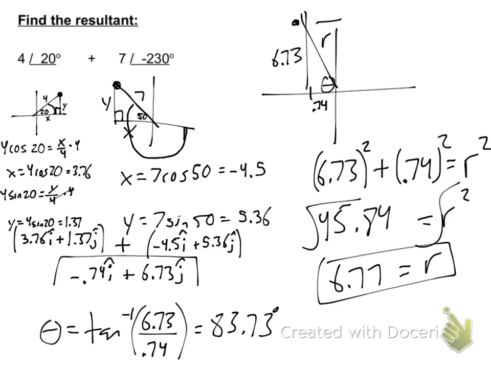How do we find that angle again? Minus. So if you want to find the correct angle, you'll take 180 and you'll subtract these, and you end up with what angle? 96.27.